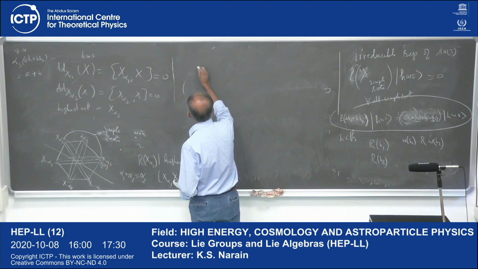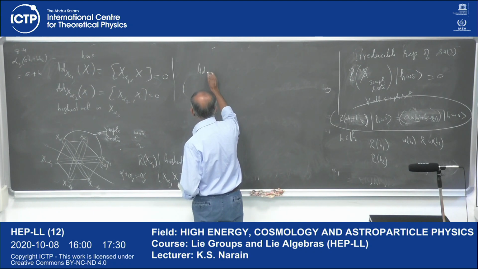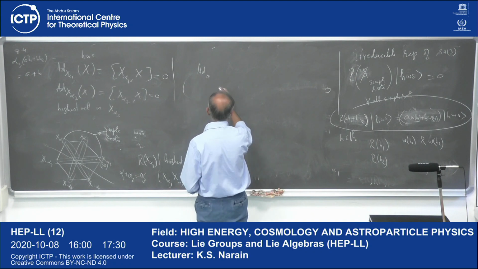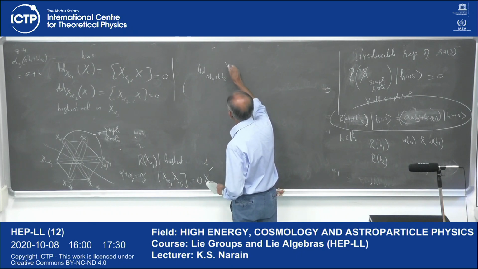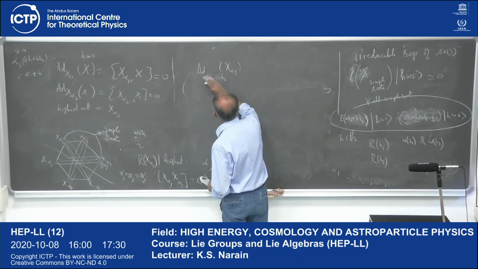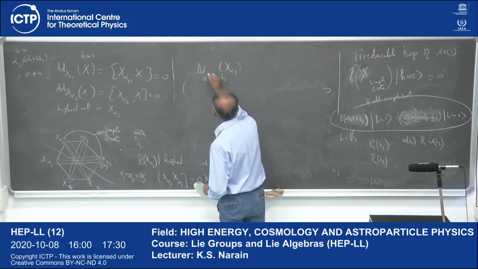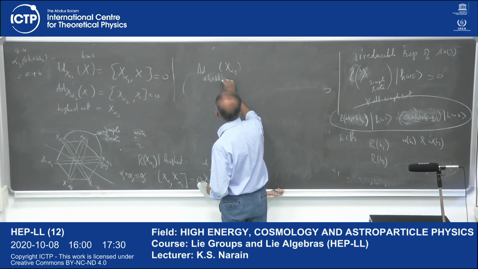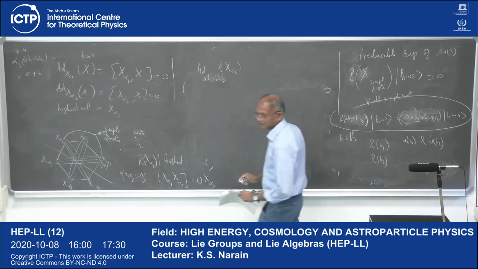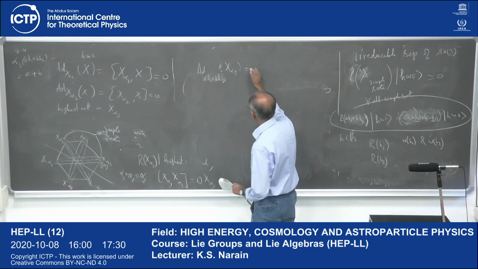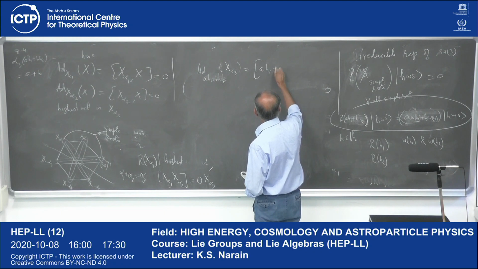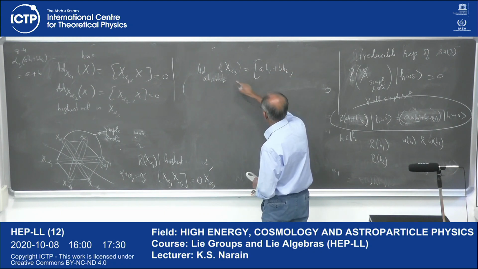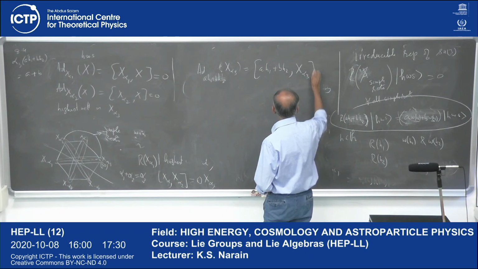We want to find the adjoint action of AH1 plus BH2 acting on x alpha 3. By definition, the adjoint action is just the commutator of AH1 plus BH2 with x alpha 3.